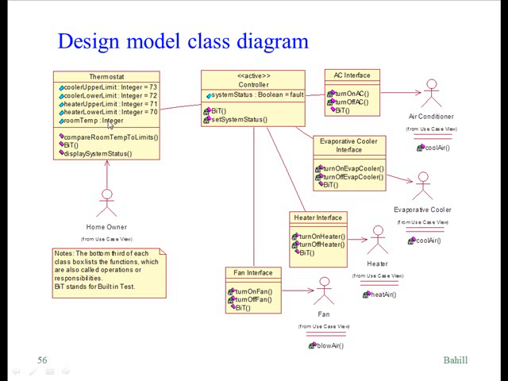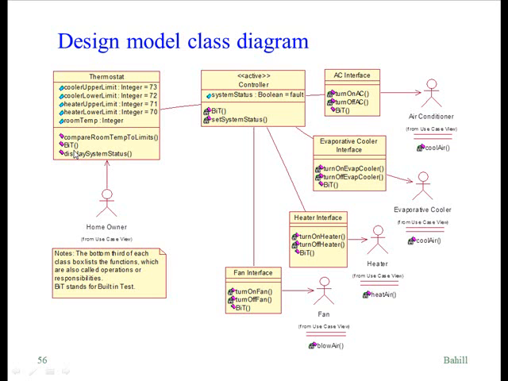Also the thermostat is going to be sensing the room temperature, so we have to have a room temperature value, which can be represented as an integer if you're going to implement this as a simulation. Then these are the functions or methods that the thermostat is going to perform: comparing the room temperature to the thresholds. The thermostat is required to do a built-in test.